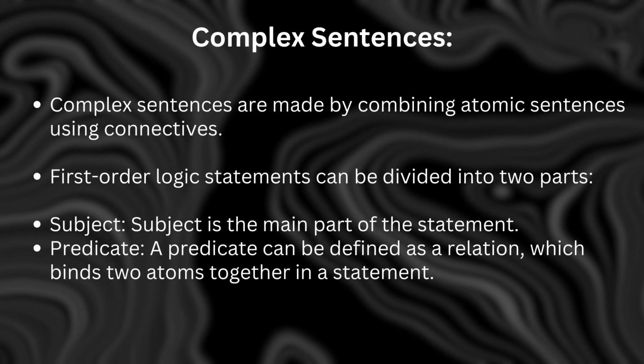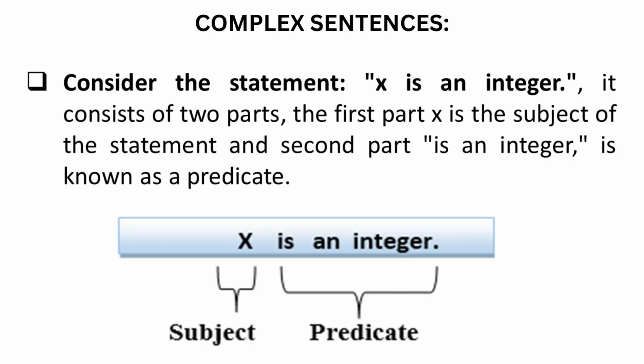For example, consider the statement x is an integer. It can be divided into two parts: subject and predicate. The subject of the statement is x, which represents an unspecified or general object, and the second part is the predicate.